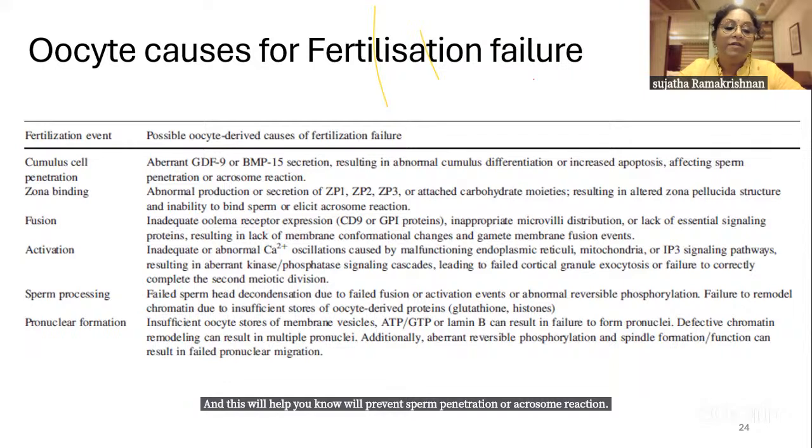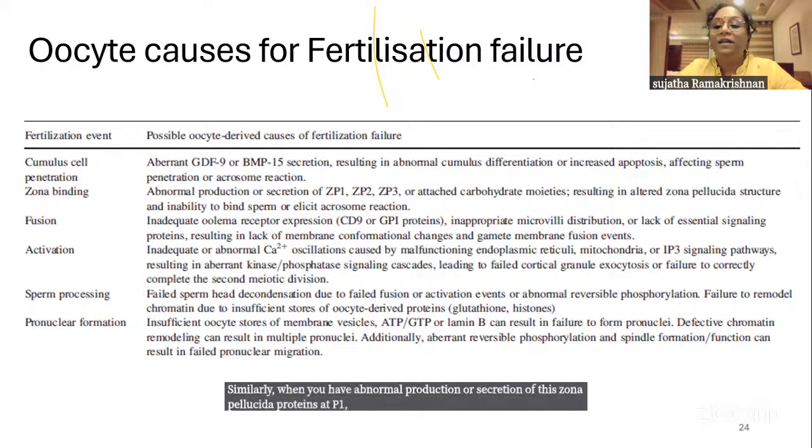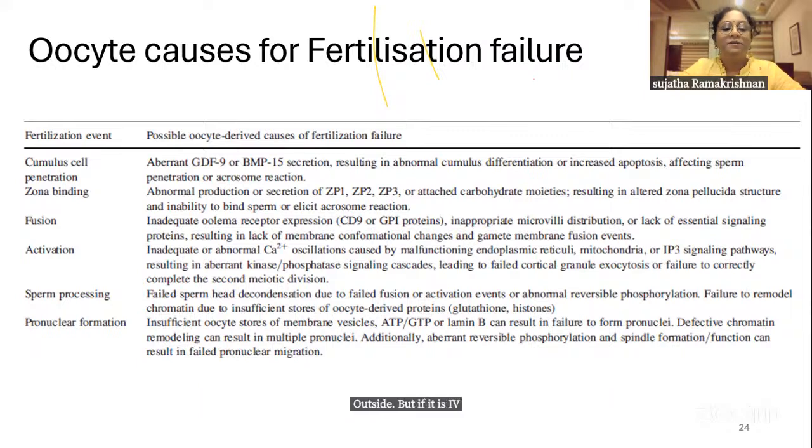Similarly, when you have abnormal production or secretion of the zona pellucida proteins ZP1, ZP2, ZP3, that results in altered zona pellucida structure, and the sperm cannot undergo acrosome reaction. But in ICSI, it shouldn't matter because the acrosome reaction happens outside. But if it is IVF, then you can see it here.